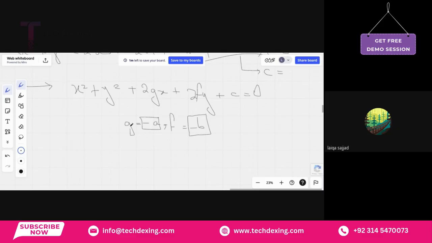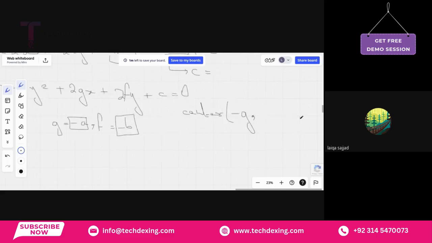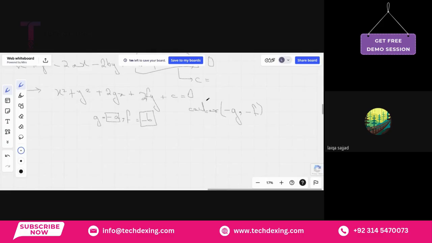And if it's written in this form, like plus 2gx plus 2fy, then you can say that the center will have the coordinates minus g and minus f. From this equation, we can conclude that the center has these coordinates.